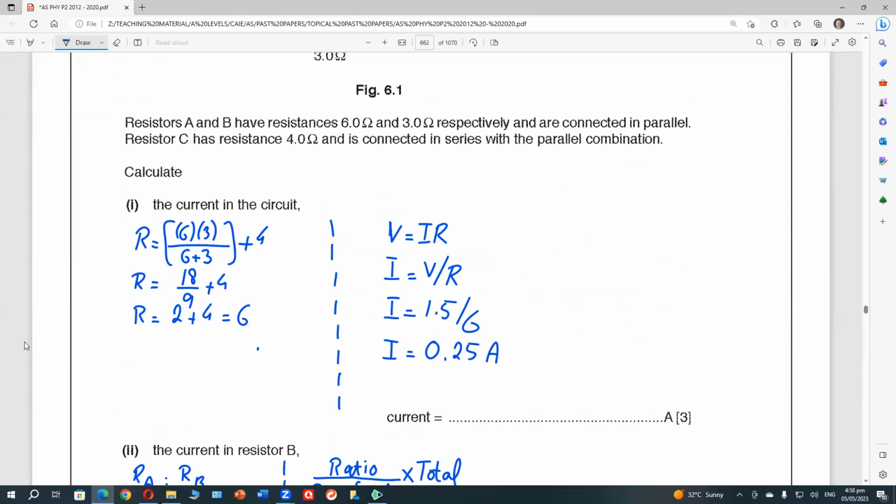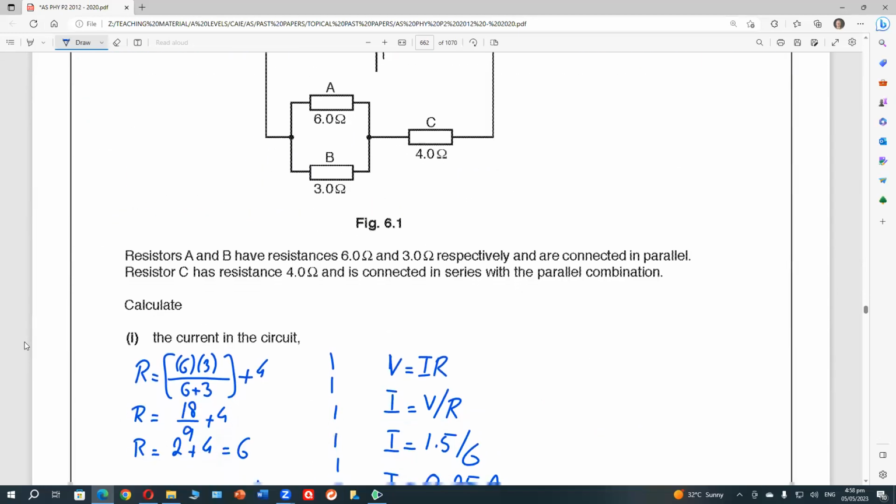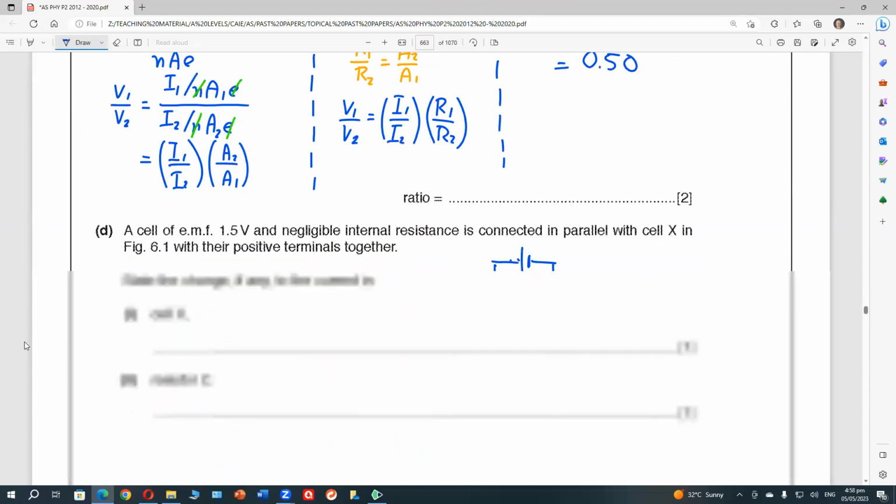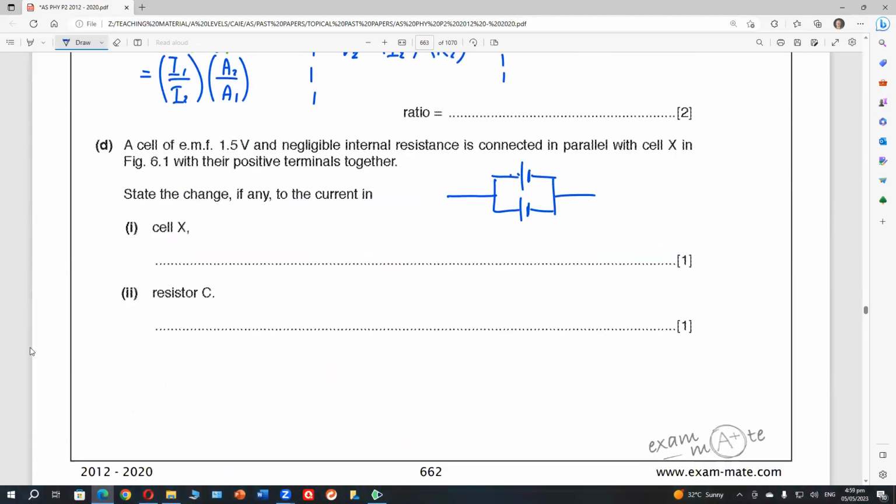The previous cell was 1.5. The new cell will also be 1.5. State the change, if any, to the current in cell X.